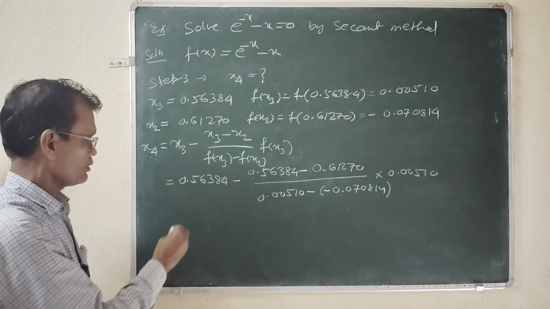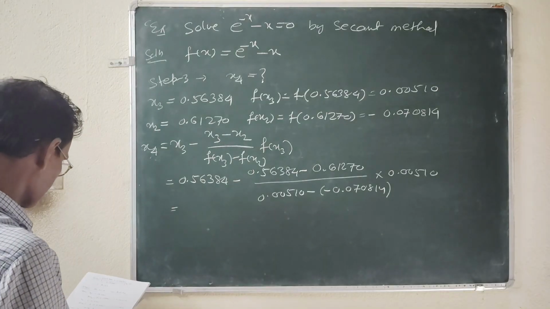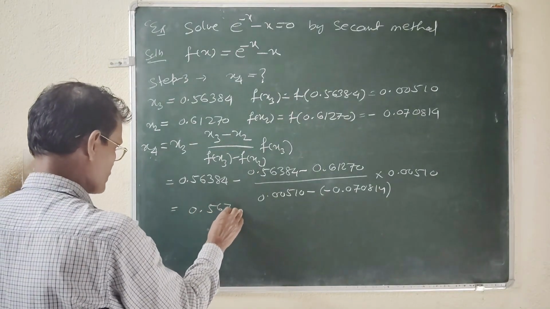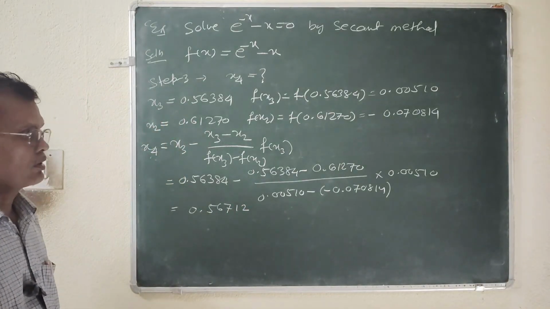Then using the calculator you simplify and you will get the value x4, that is 0.56712.